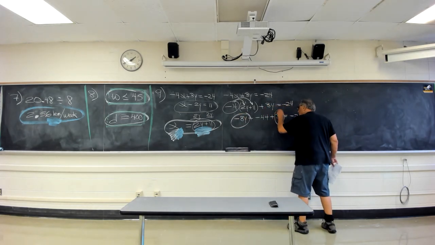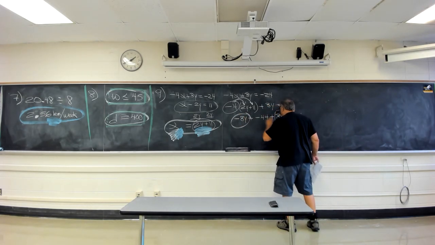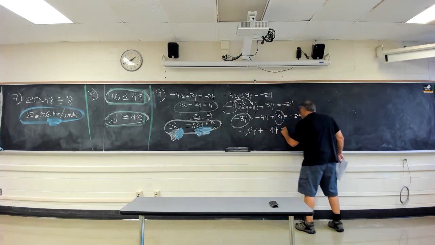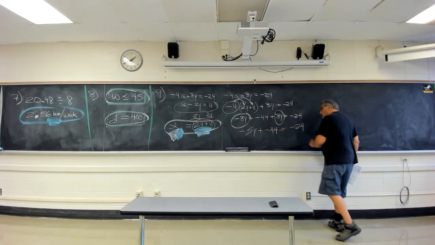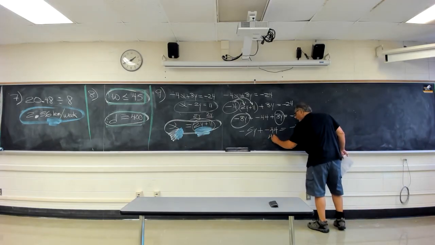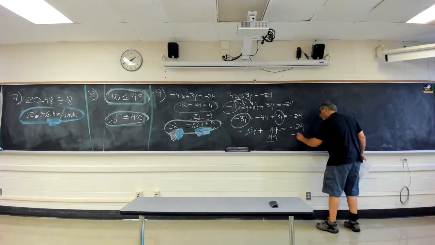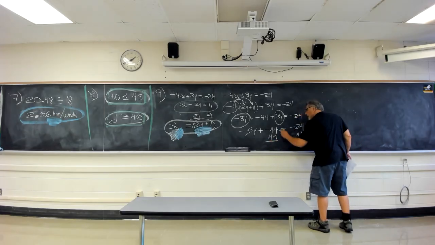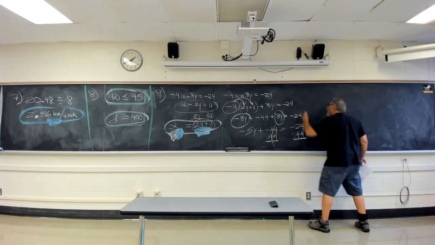Negative 8y and positive 3y is negative 5y. So far, so good. Let's add a positive 44 on each side, get rid of the negative 44. Negative 44 and positive 44, it's out of there.